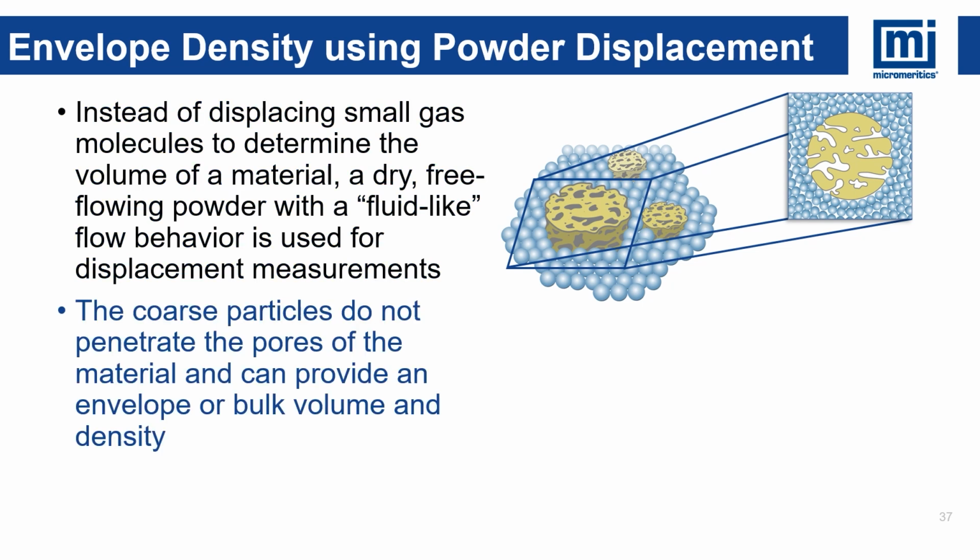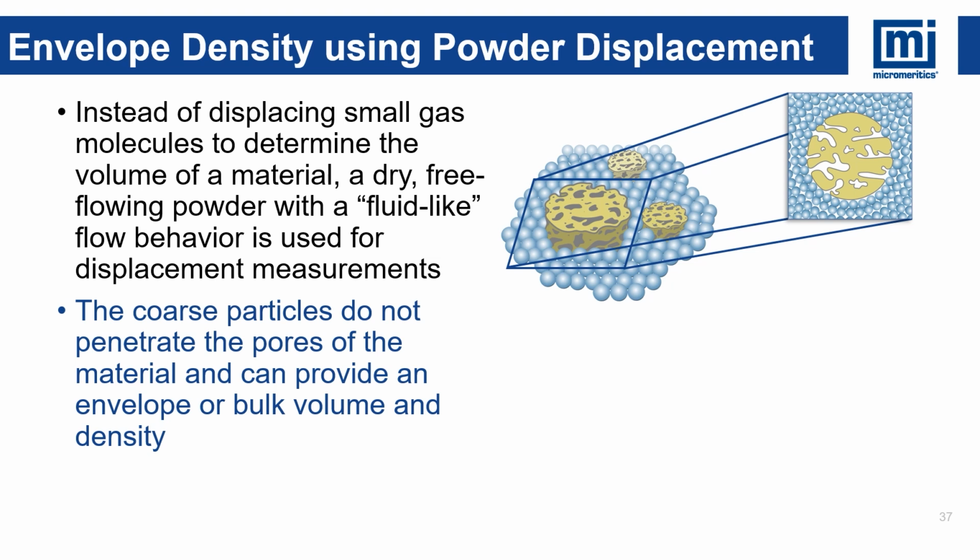Unlike with gas displacement, however, due to the size of the particles that make up the powder, they're not able to penetrate the small pores in the object, and so now our envelope volume is defined as being the volume of the solid object plus the volume of the pores that cannot be filled with the flowing powder.